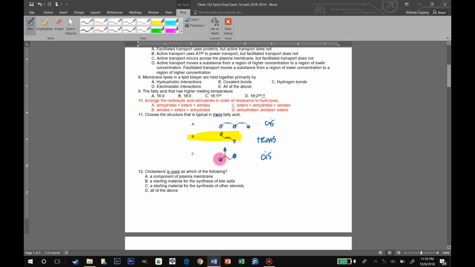You also have here a third carbon to the left, which is at the bottom. You can make a case that this one is at the bottom and this one is on top, so they should be on opposite sides, right? But again, we'll take into account that there is this one which is on the same side as this one. So this is actually considered a cis configuration. So letter B is your best answer.